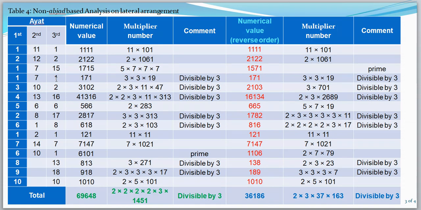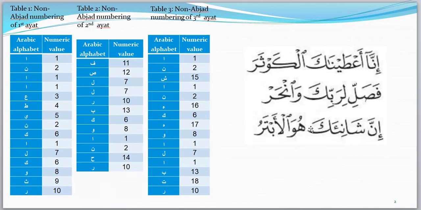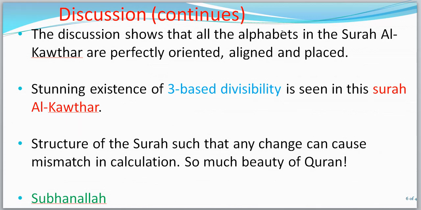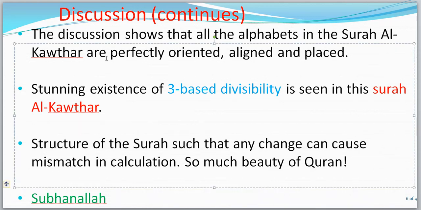Because if someone has changed something in Surah Al-Kawthar, this nice mathematical presentation can obviously be hampered, because disorientation or dislocation of any words or any harfs can change the mathematical functionality of this pattern. That's why it is told that in Surah Al-Kawthar, all the alphabets are perfectly oriented, aligned, and placed.